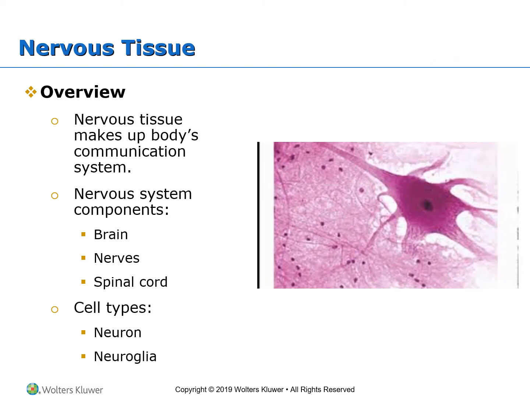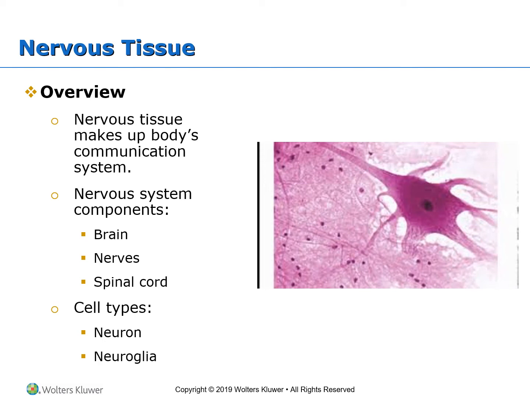The last type of tissue that we need to talk about today is the nervous tissue. The nervous tissue makes up the body's communication system, the main controller for all the functions in our body. It will be found at the level of the brain, inside the nerves, and inside the spinal cord.